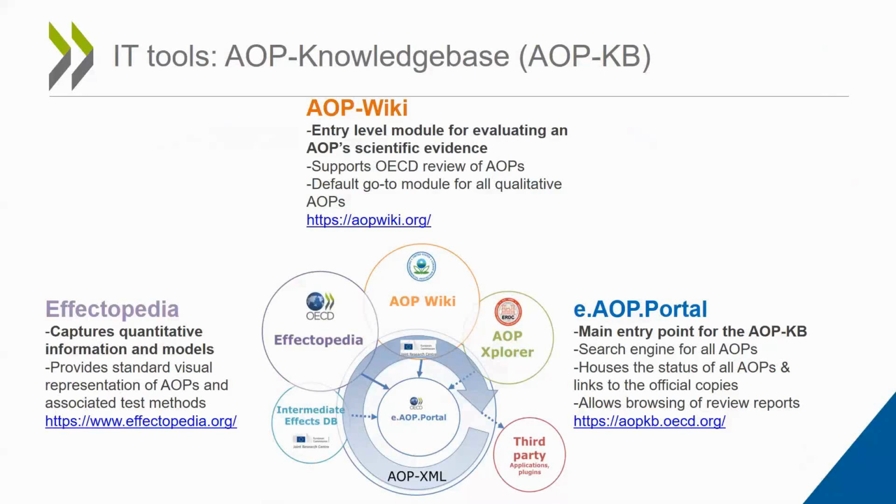The AOP Wiki is the default go-to module for all qualitative AOPs. Most AOPs are developed on this platform, which is also the entry-level module for evaluating and reviewing AOP scientific evidence. So anyone can access and read through the wiki at aopwiki.org.